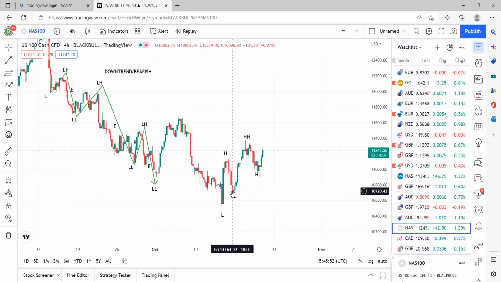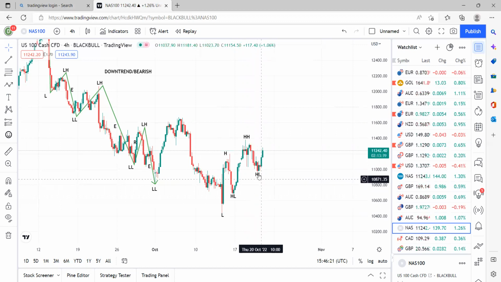And then the recent higher low. So I'm saying that higher low will be confirmed when price breaks the higher high.